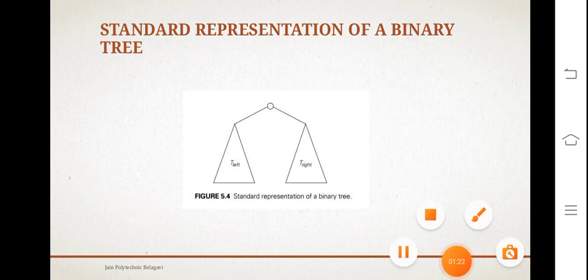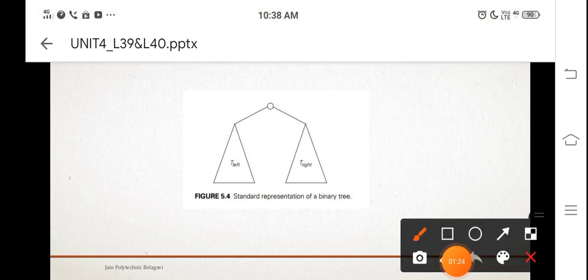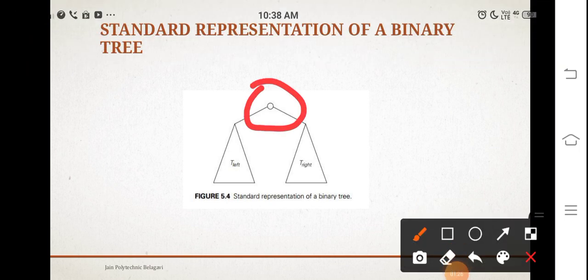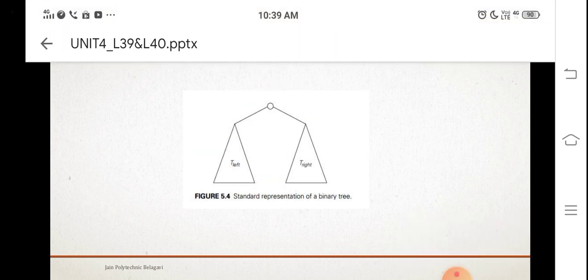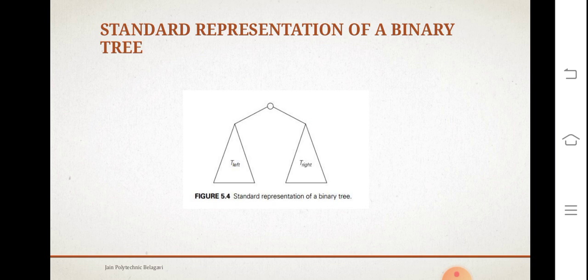So here it is a root, and it is the left subtree and the right subtree of the root. This is how we can represent the standard representation of a binary tree.